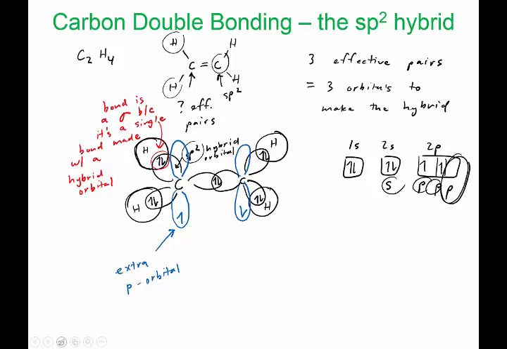Okay, and they actually overlap, and my drawing isn't entirely accurate here, but these p orbitals actually overlap in space. So I'm just going to use a highlighter, and I'll make a special note here that these make a pi bond.